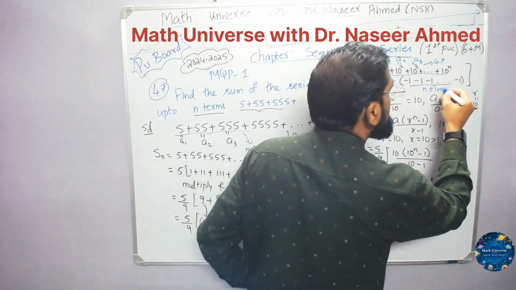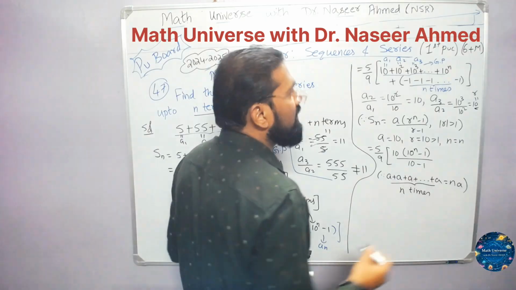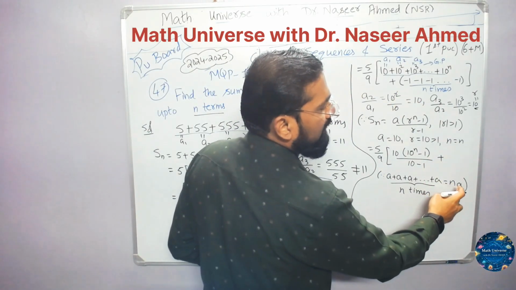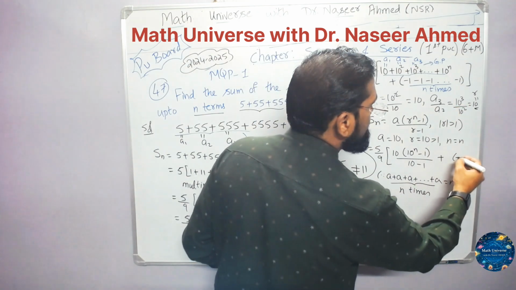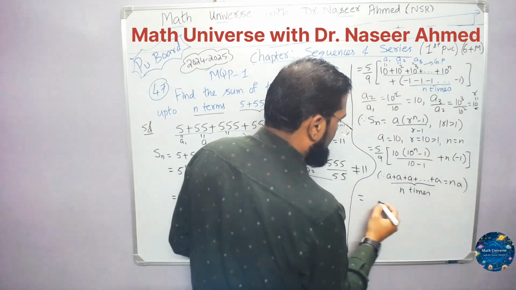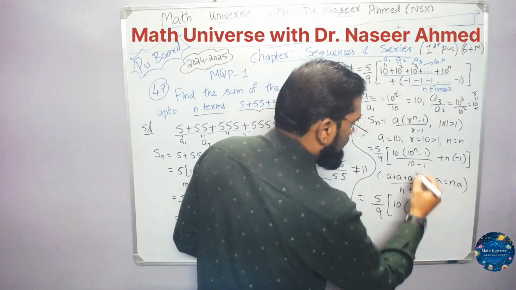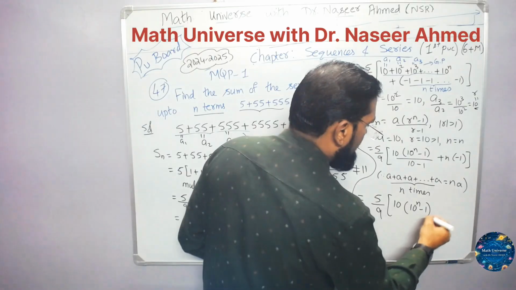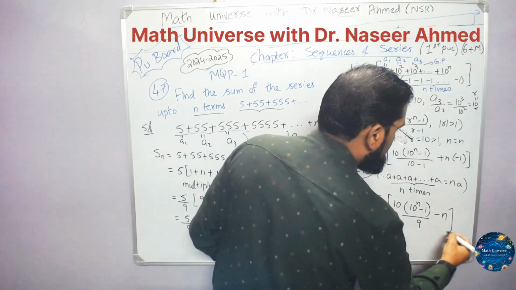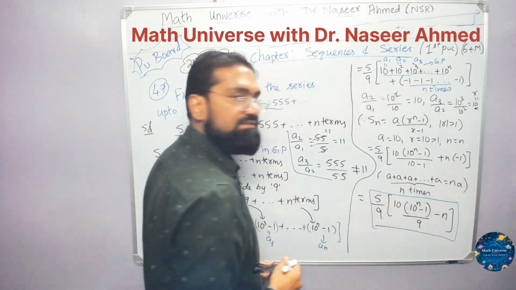N times. So in place of A, we have minus 1. So it will be plus n times of A. A is our minus 1, and how many times are there? N times. Simplify. Finally, the sum is 5 by 9 into 10 times of 10 power n minus 1, 10 minus 1 is 9, plus into minus, minus n. So this is our sum of n terms.